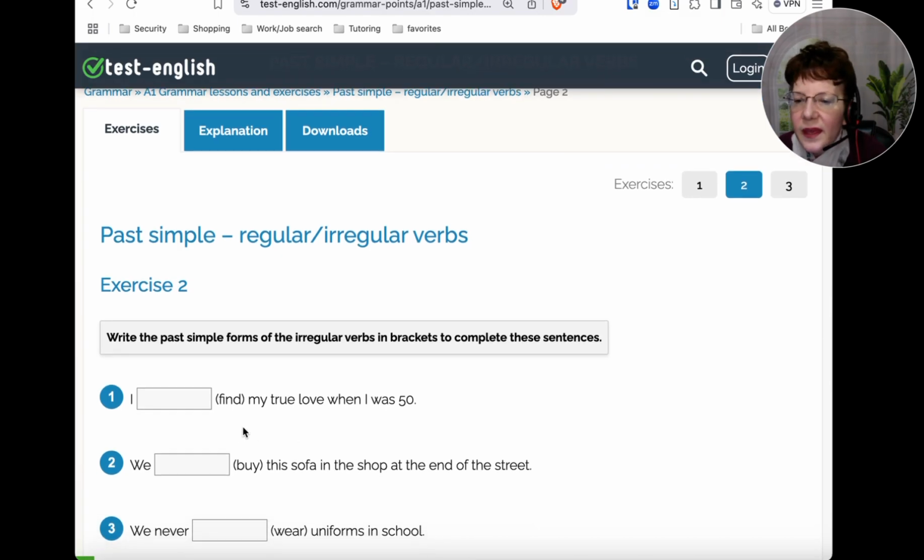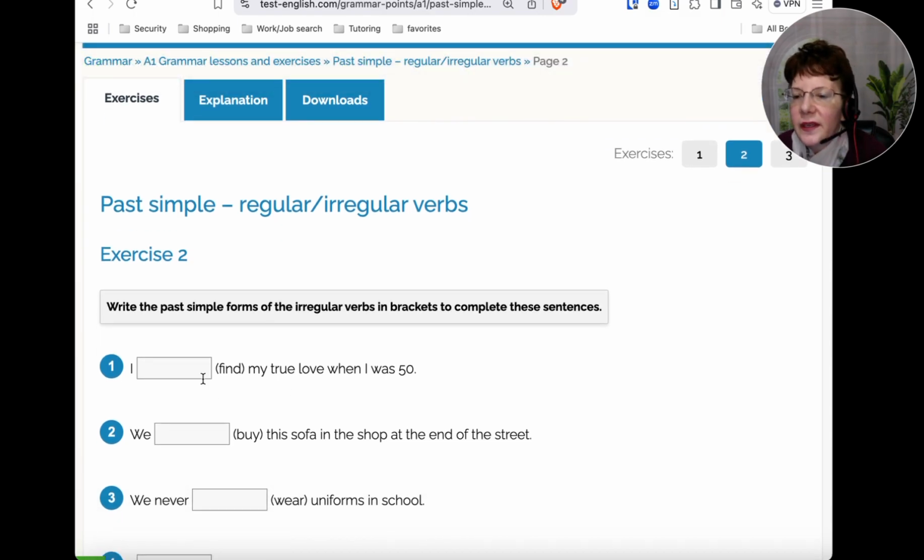So I will help you out here. So we have I find my true love when I was 50. So what would it be? So found would be the past, right?